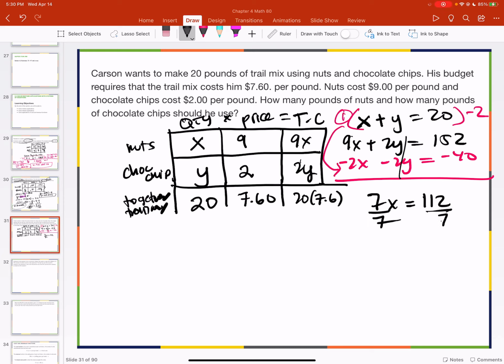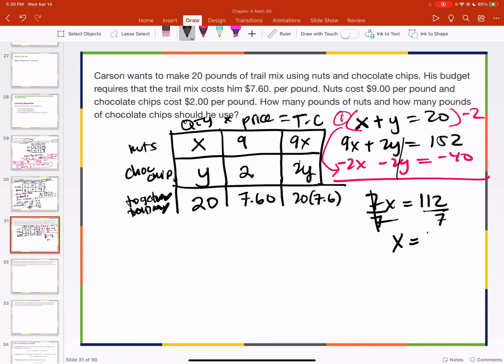Divide by 7. We get x is equal to 16, since 112 divided by 7 is 16. And that represents the number of nuts.